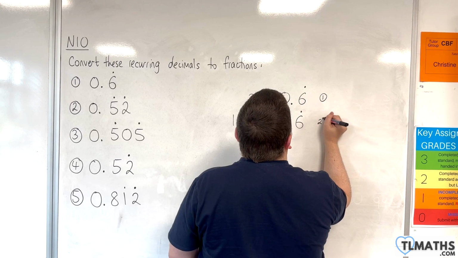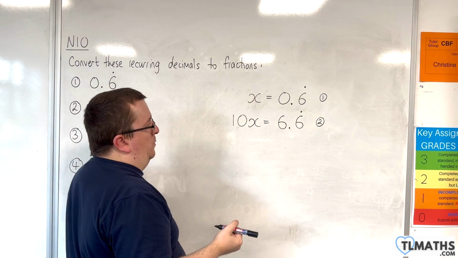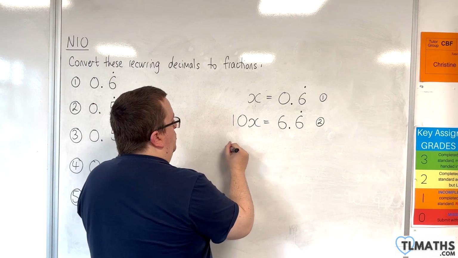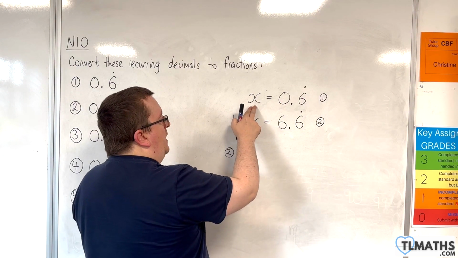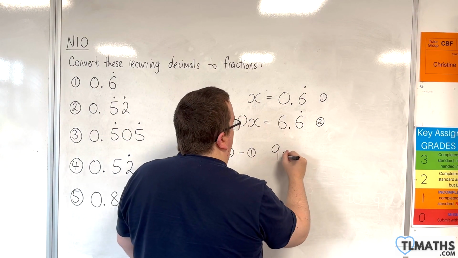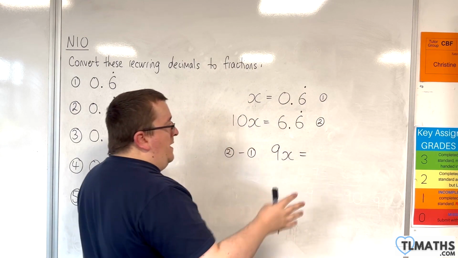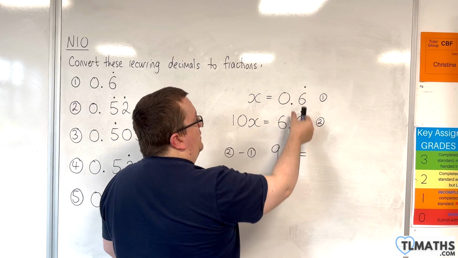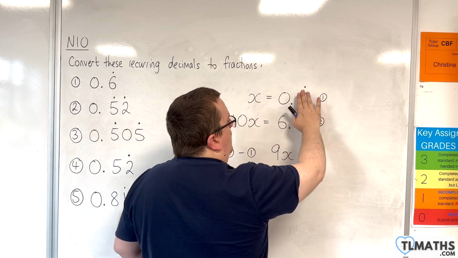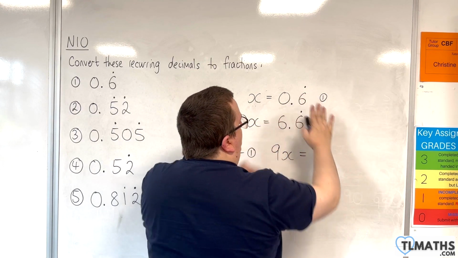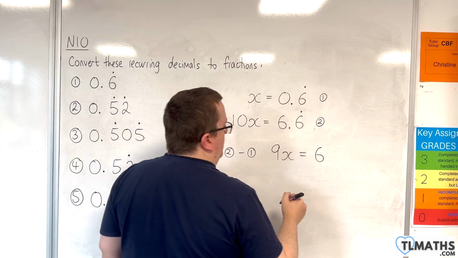I'm going to call the first one 1 and the second one 2. And if I do 2 take away 1, I'll have 10x take away x, which is 9x. And on the right-hand side, 6.6 recurring take away 0.6 recurring, well, the 6 recurring part will go, and I'll be left with 6 take away 0, which is 6.